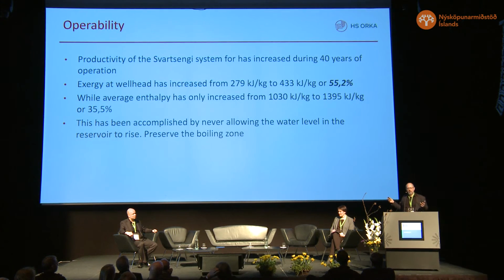So the most important part of operating a geothermal reservoir is not losing the exergy of the system. It has increased about 55% from the beginning, while the average enthalpy has only increased just over 35%.